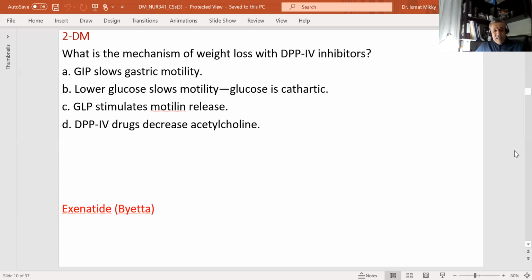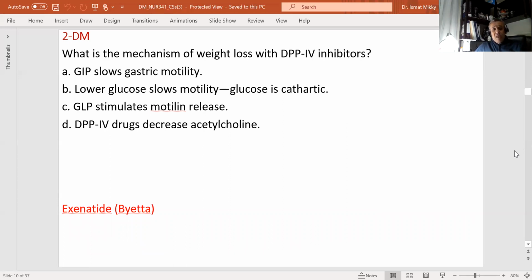The exenatide, which is Byetta, that's also a synthetic GIP, produces significant weight loss by slowing stomach motility. So these drugs, the class of DPP4 inhibitors, they slow the gastric motility by the GIP.